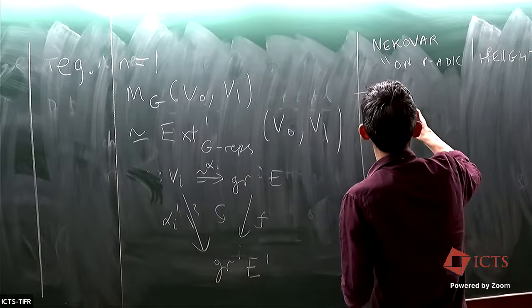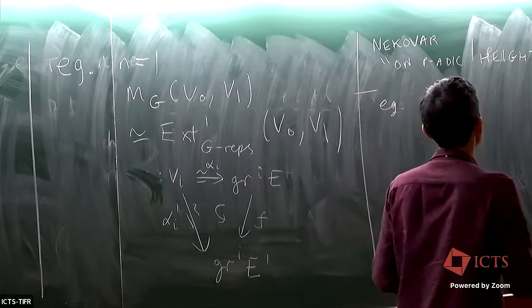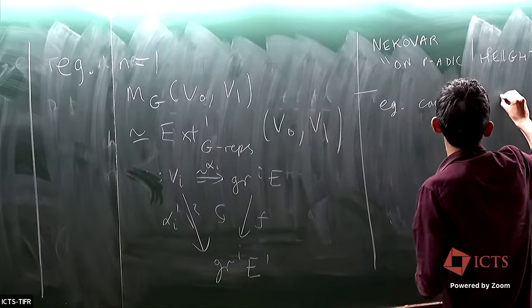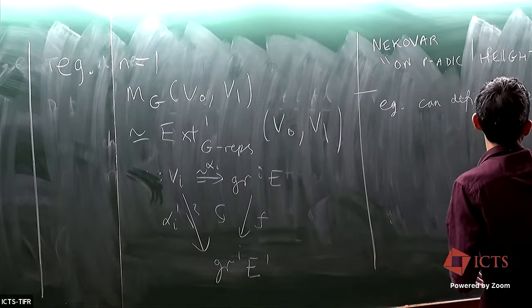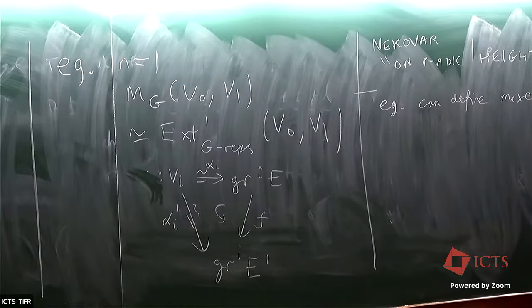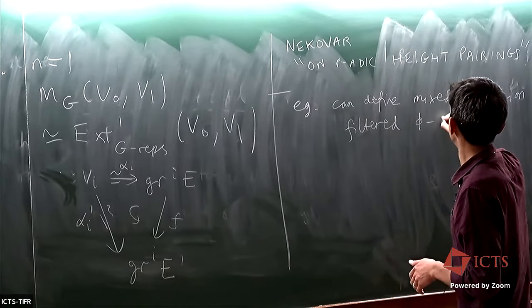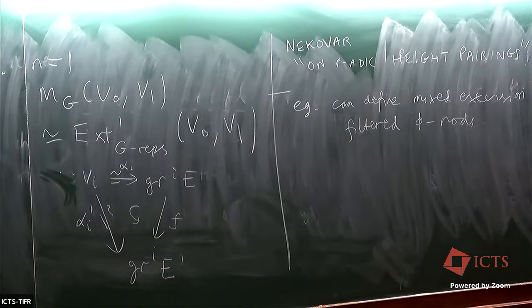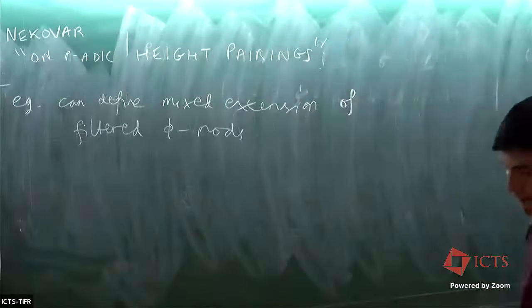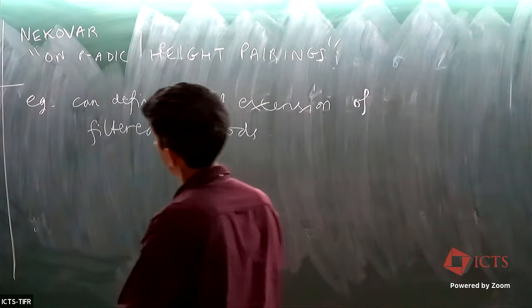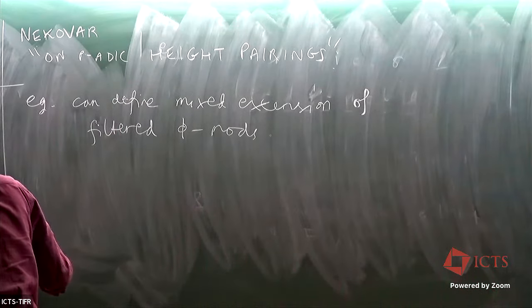And we can also define the notion of a mixed extension of filtered phi modules, and everything works exactly the same. So maybe let's just give a nice example now.